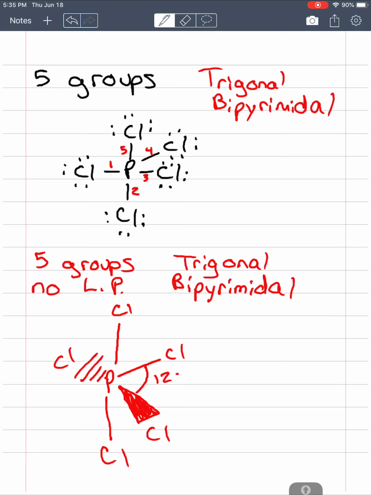So the angle here is 120 degrees, and the angle here is 90 degrees. So there are 2 angles here. Technically, you could say the angle from here to here is 180, but they don't usually bother with that one. But technically, that's correct.